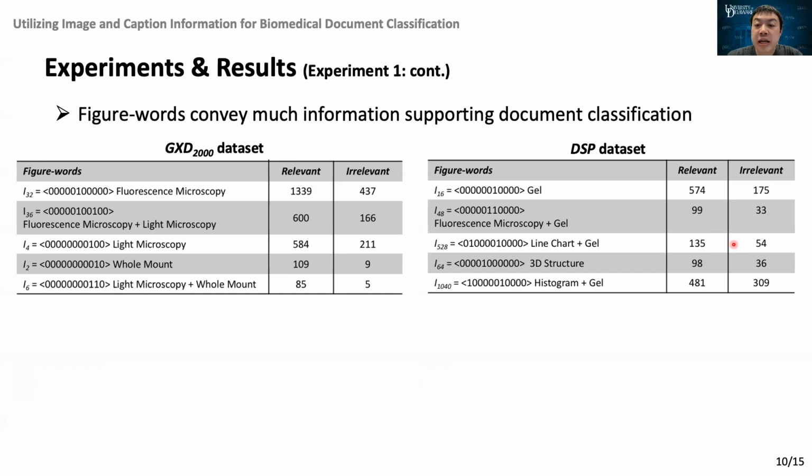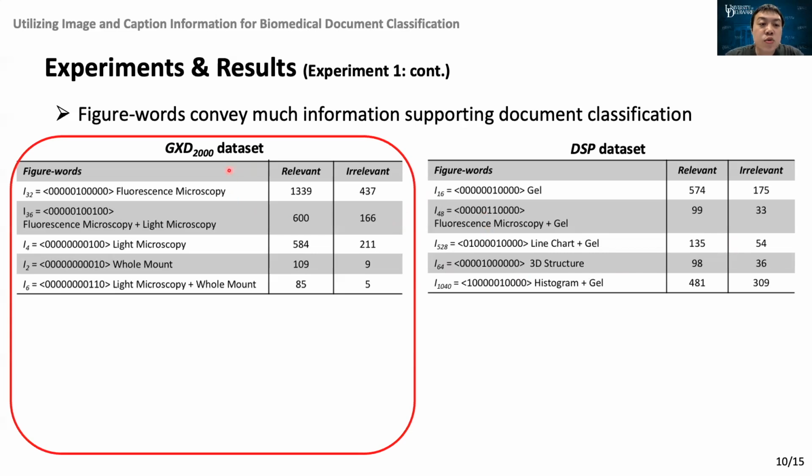In order to better understand the contribution of figure words for document classification, we identify the most distinguishing figure words by ranking them using the Z-score test. This table shows the top 5 scoring figure words along with their occurrence in the relevant and irrelevant datasets.